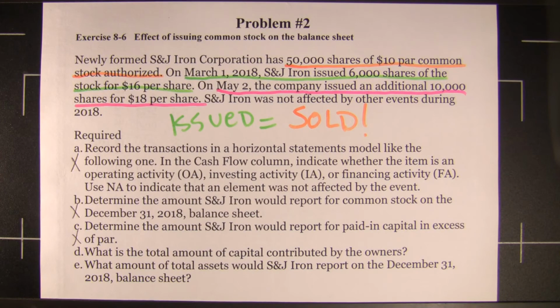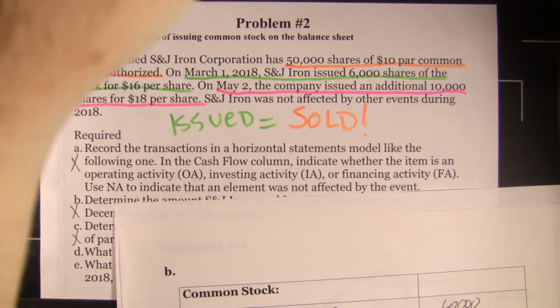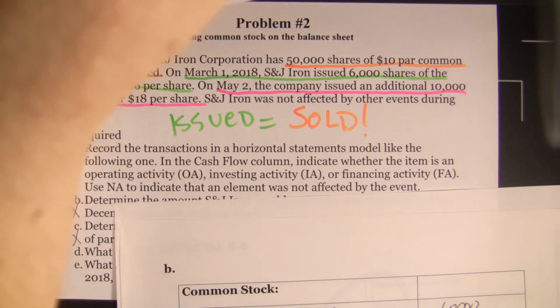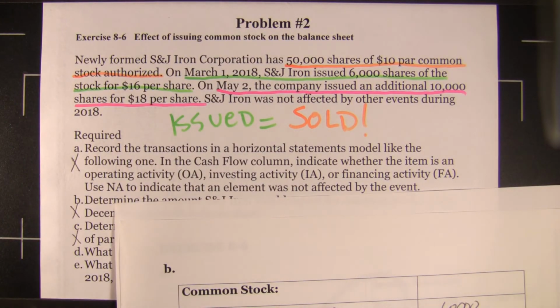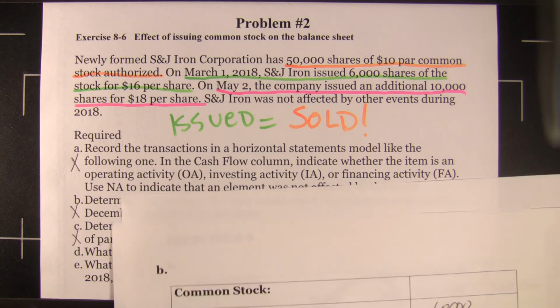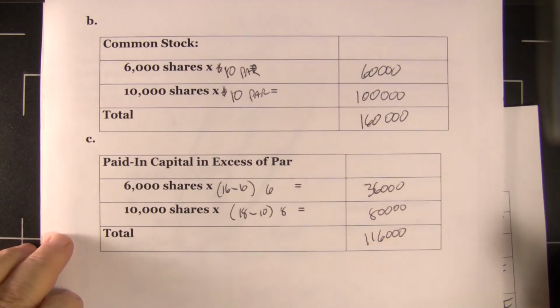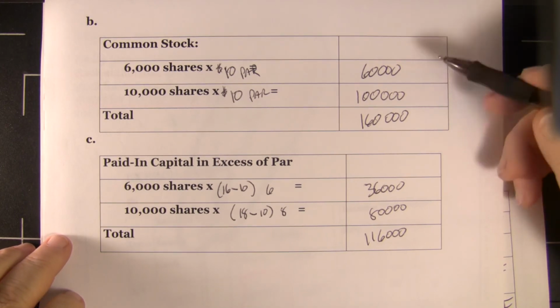And then it says, what is the total amount of contributed capital? Well, I'm sure you can pretty much see that by now without even thinking. But just to make sure, I'm going to go through it with you. So they have the common stock of 160, that was paid in.